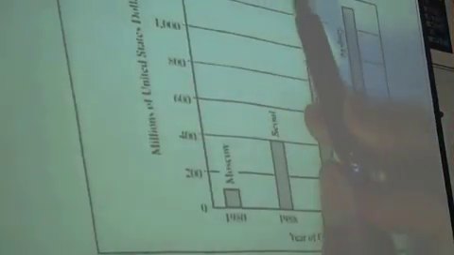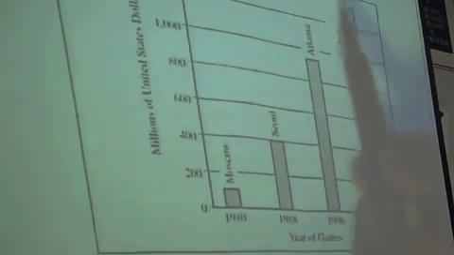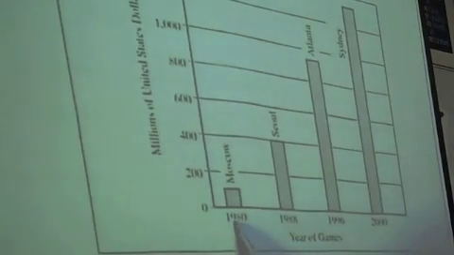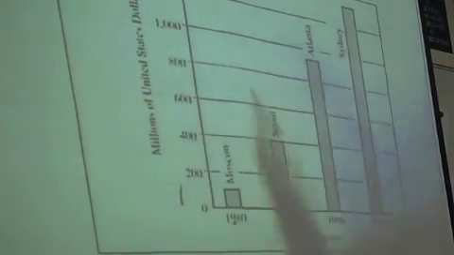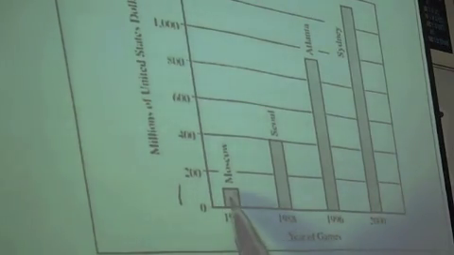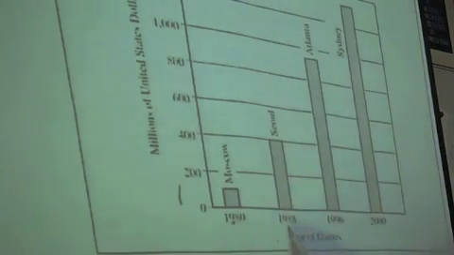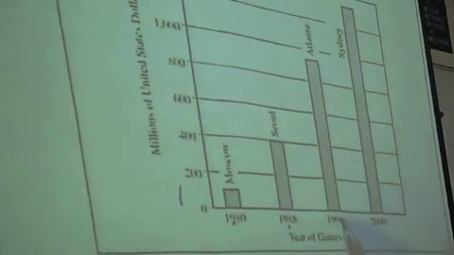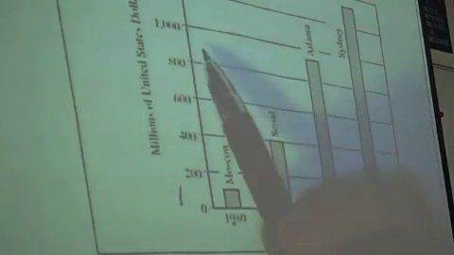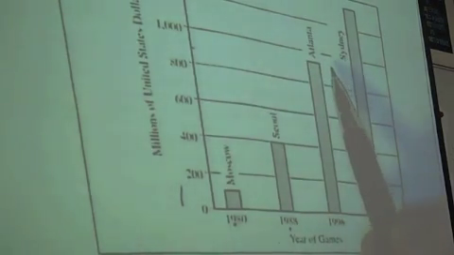Statistics, fees paid to the International Olympic Committee for international TV and radio broadcasting rights. In 1980, these are the fees, right? This is the year of the games, and then this is the millions of US dollars. So in Moscow, the fees paid to the International Olympic Committee. 1988 for Seoul, it was up to 400,000. 1996 in Atlanta, it was just over 1 million.